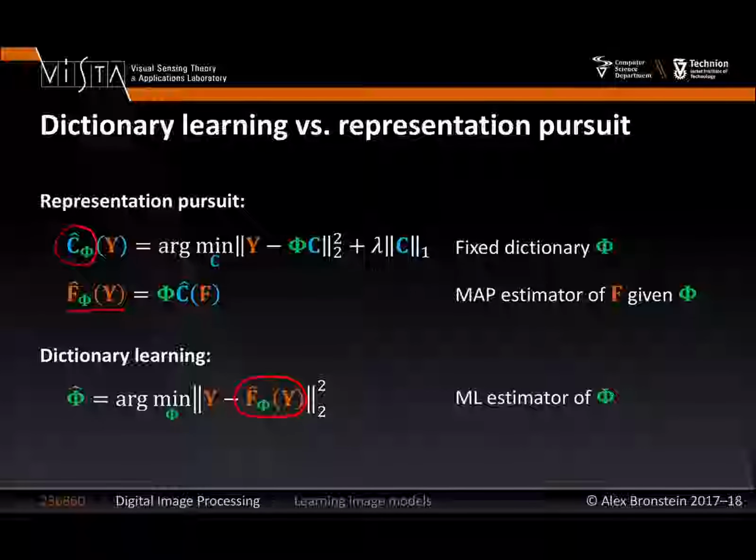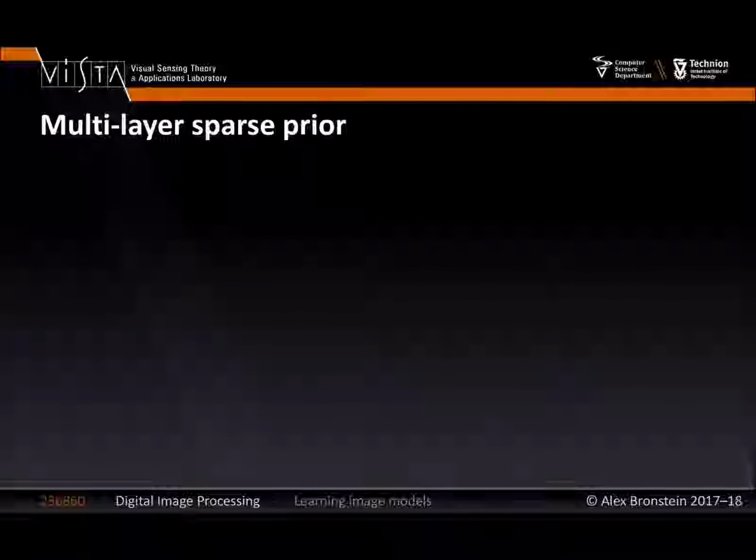So this is both ML and MAP if there is no prior on phi. So essentially, we are doing MAP estimation of f, now thinking of phi also as a random quantity, or as a parameter if you work with an ML estimator, but they coincide in this case. Any questions?